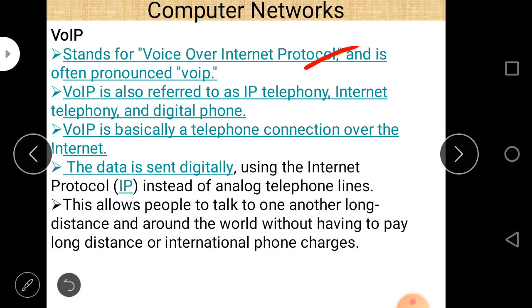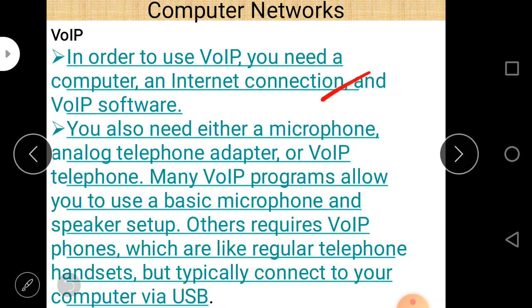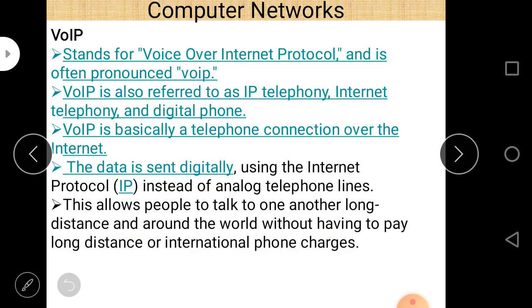Then second, you can write that it is also known as IP telephony, internet telephony, or digital phone. Third, VoIP is basically a connection over the internet. Fourth is the requirements. And if you have sufficient time, you can write that data is sent digitally, which tells the functioning of VoIP.